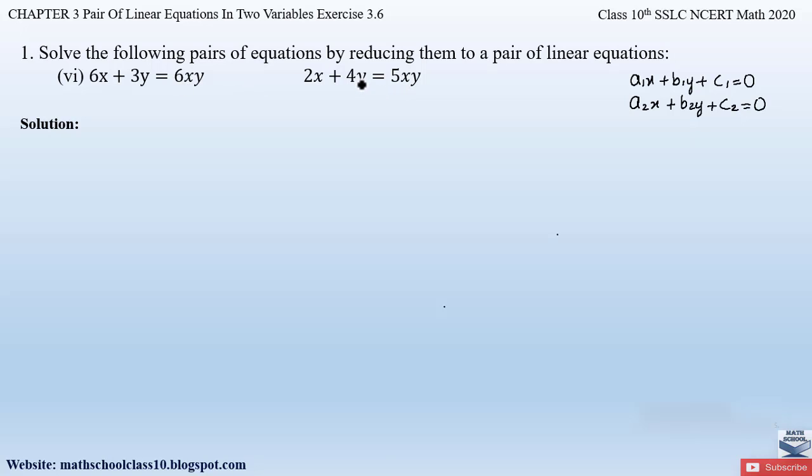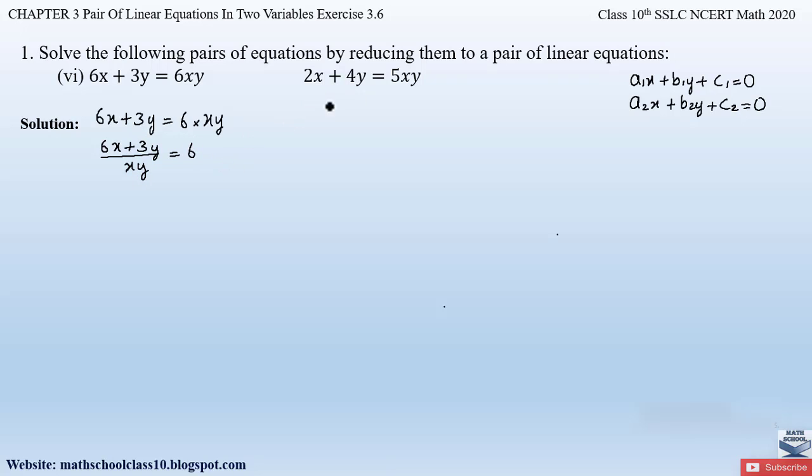So for that, let us write the given first equation as 6x plus 3y equal to 6 into xy. Now let us send this xy to left hand side. Since it is in the numerator, it comes in the denominator on the left hand side. So it comes in the form 6x plus 3y divided by xy equal to 6.